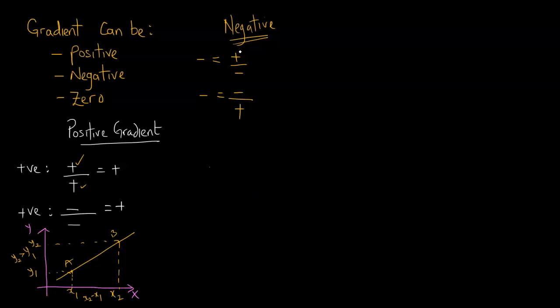What this means is that a line is going to have a negative gradient if the change in y, that's the rise, is positive, but the change in x is negative, this is the run, or the change in y is negative and the change in x is positive.